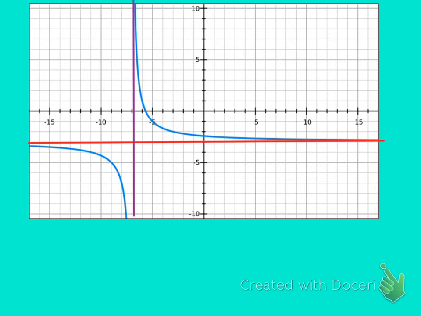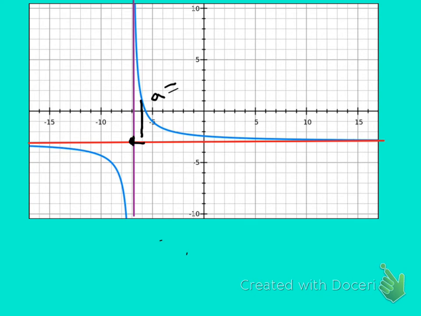And they cross right here. There we go. So we move over 1, and then we're going to count how many steps it takes for us to reach another point on the graph. So it's 1, 2, 3, 4.